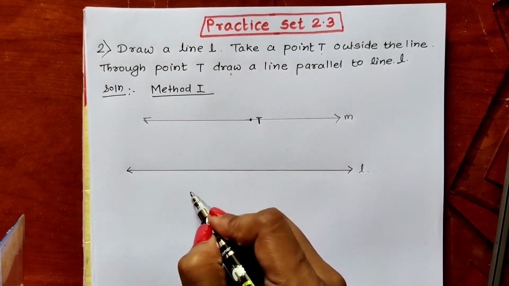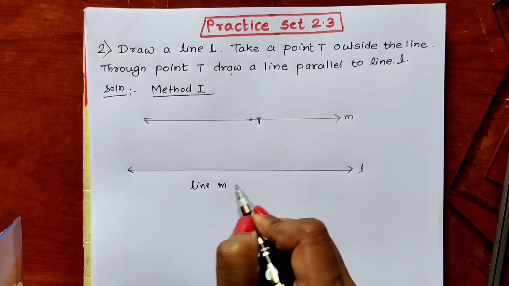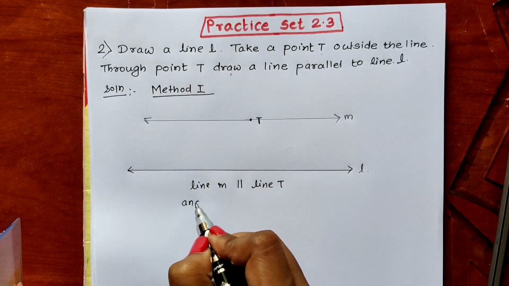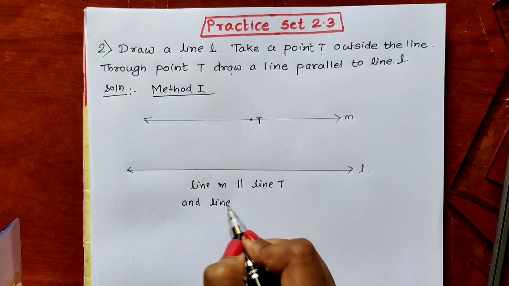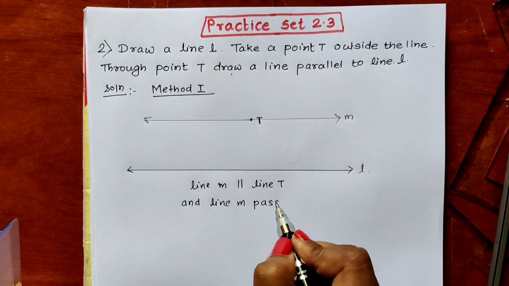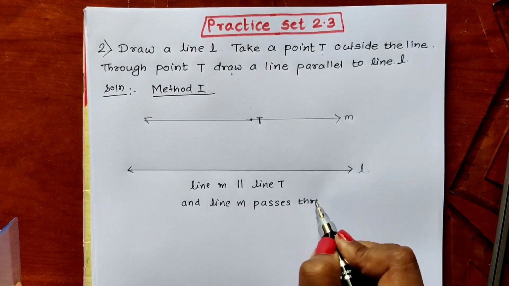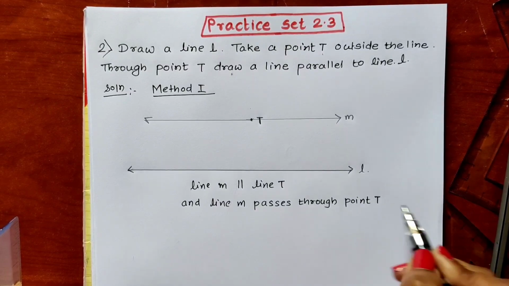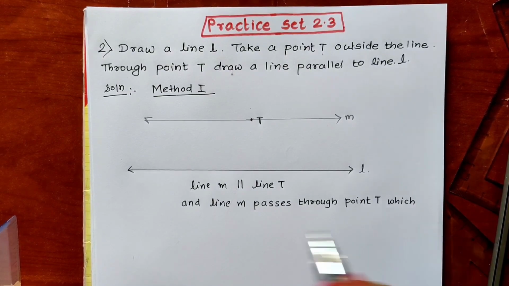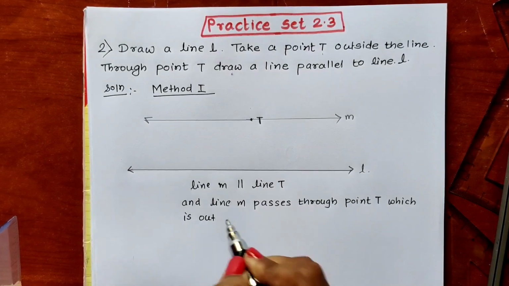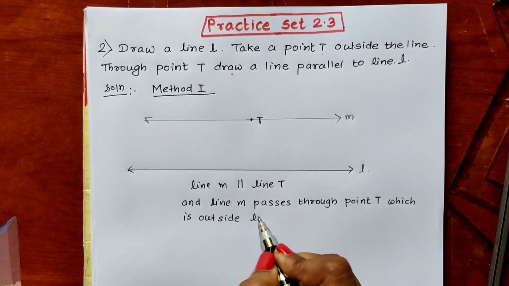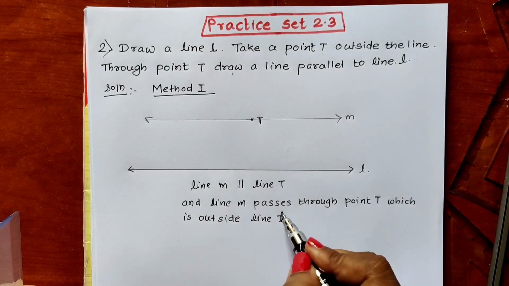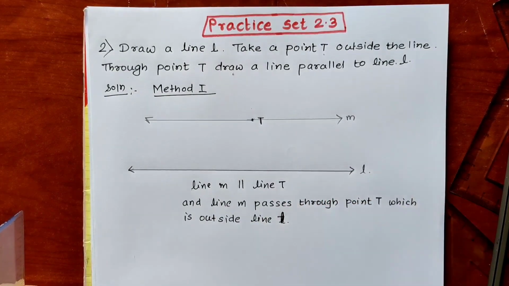Here we will be writing line M parallel line L, and if you want you can write, and line M passes through point T, which is outside line L. Okay, so in this way we have drawn by using first method.